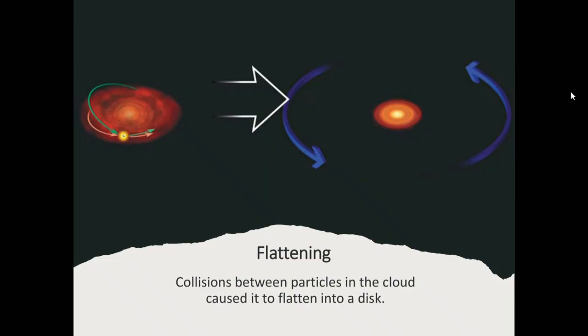And basically all the random orientations of momentum that something can have in a spherical gas cloud will average out as the particles start to collapse. Instead of going from a spherical gas cloud to a smaller spherical gas cloud, they'll collapse into a disk shape due to conservation of momentum.